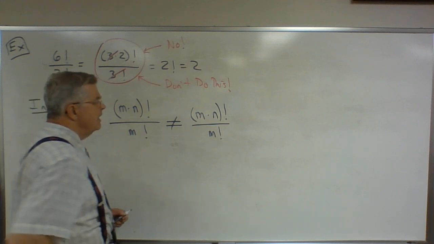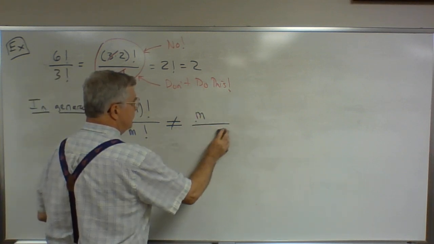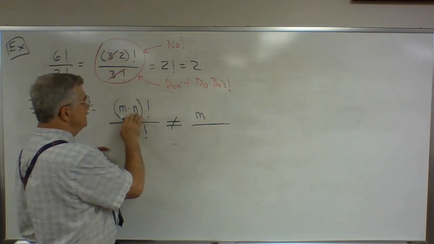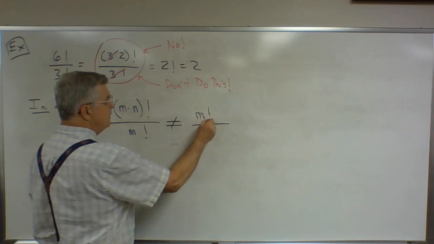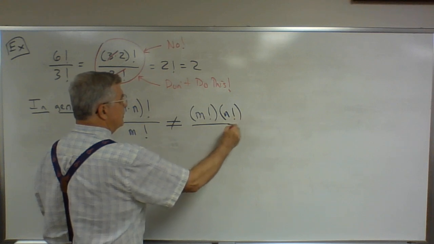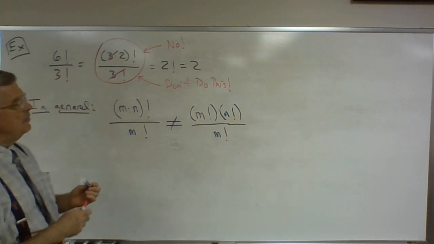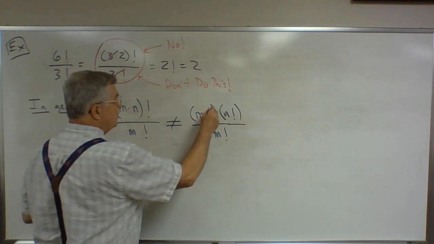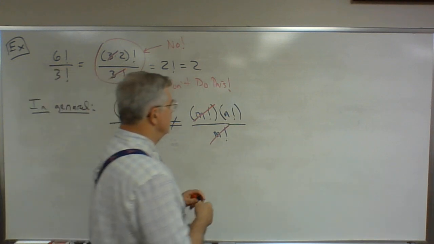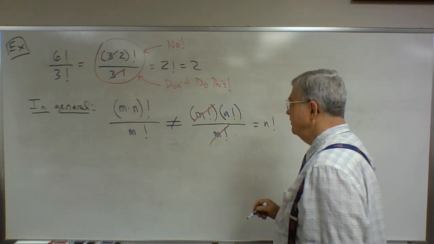I guess what I'm really thinking when I do this is that m times n factorial is the same as m factorial times n factorial. And then we can just cancel the m factorials, and we're left with n factorial.